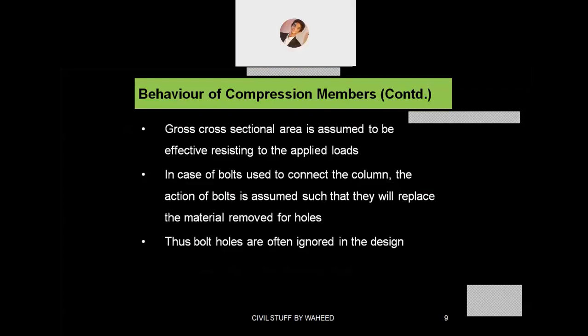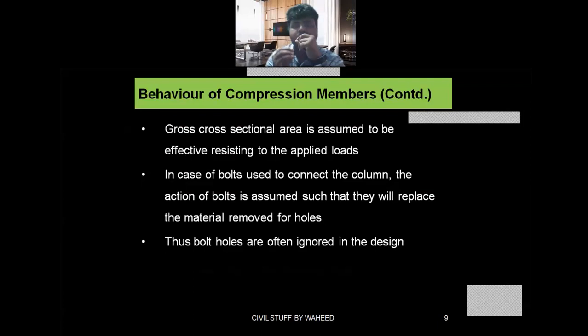In case of bolts, for making the connection, connecting the column with bolts, we will be making holes, right? The holes made in the member will be replaced with the bolts, and it is assumed that they will be taking the load. See, in case of bolts used to connect the column, the action of bolts is assumed such that they will replace the material removed for holes.